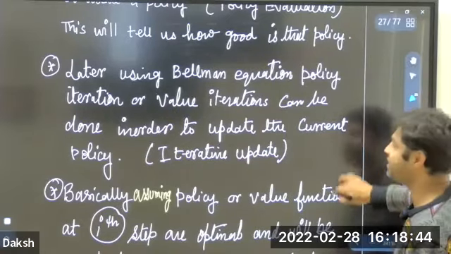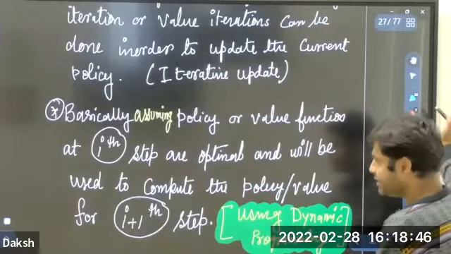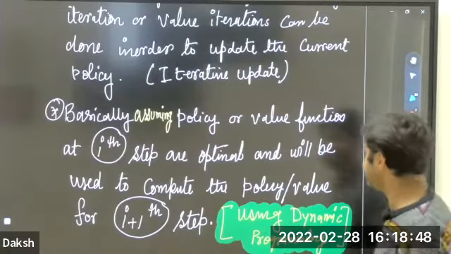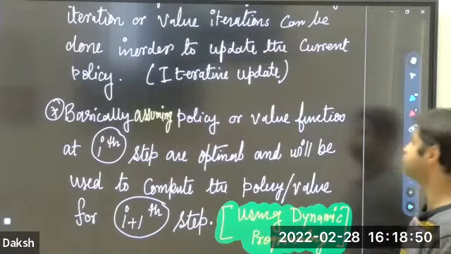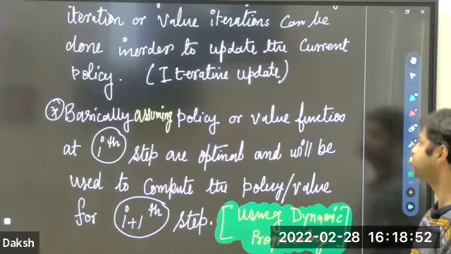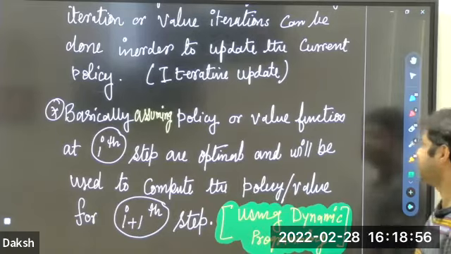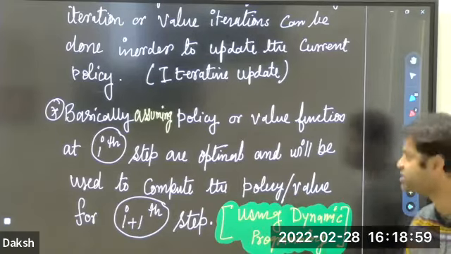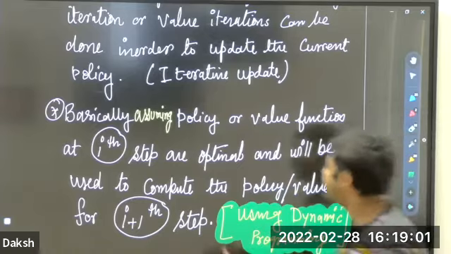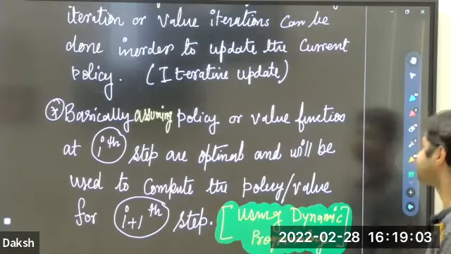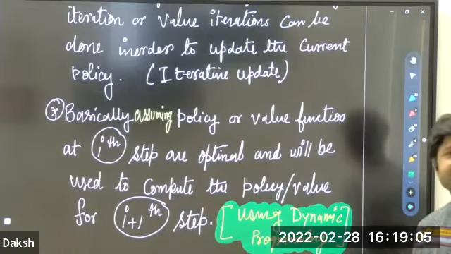By the way, everything is the way we used to solve it in a DP. So basically, we are assuming a policy, and if I assume a policy, it is going to give me a value function at the ith step. And I am assuming that it is optimal.